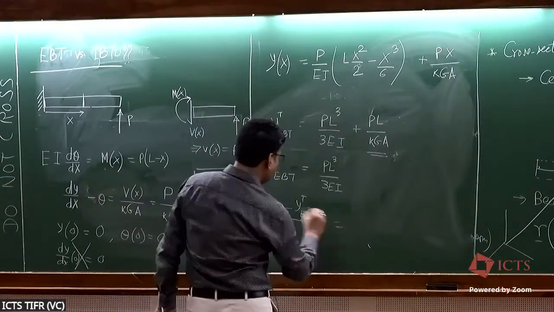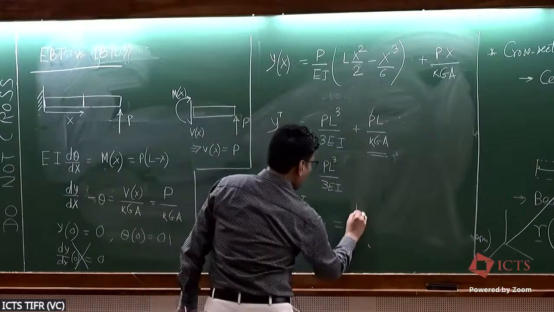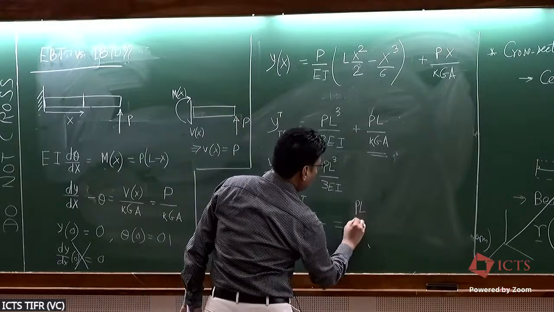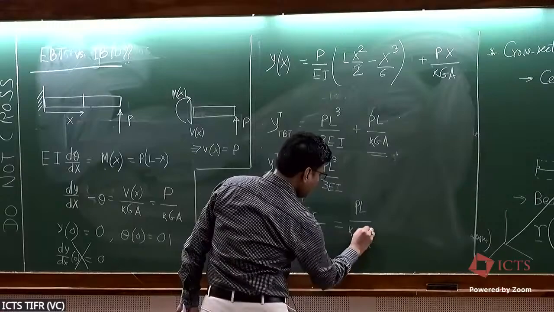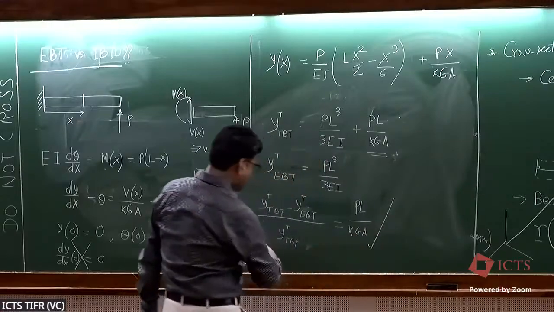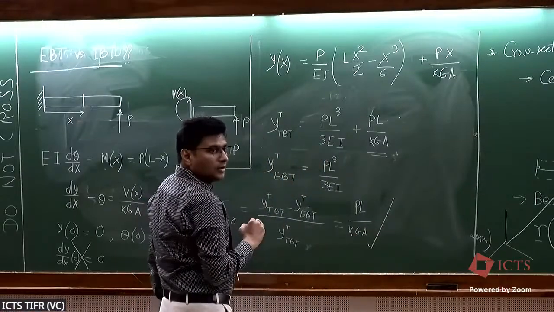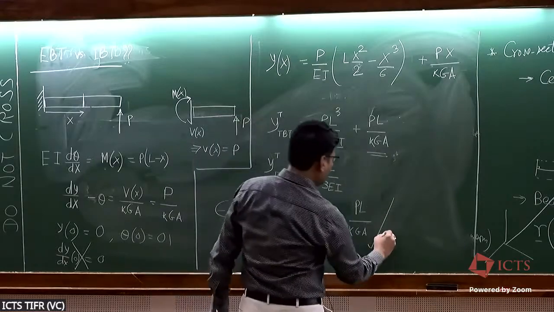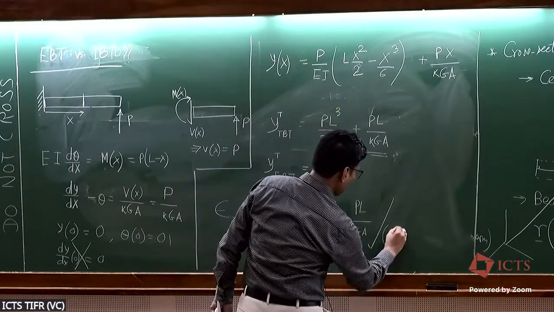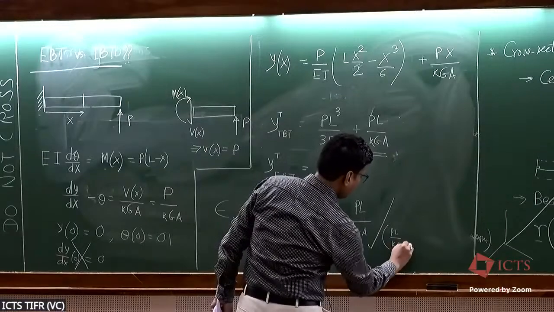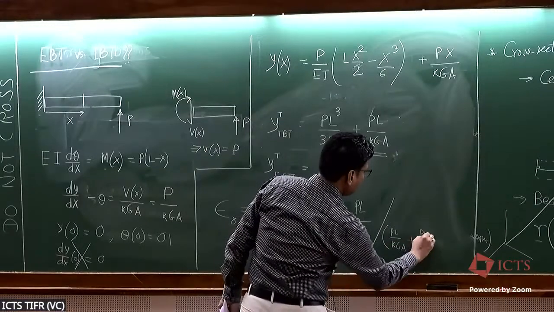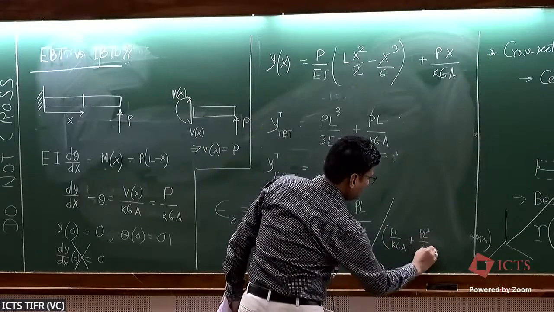So this is going to be PL over KGA divided by the whole thing, which is PL over KGA plus PL cubed over 3EI.